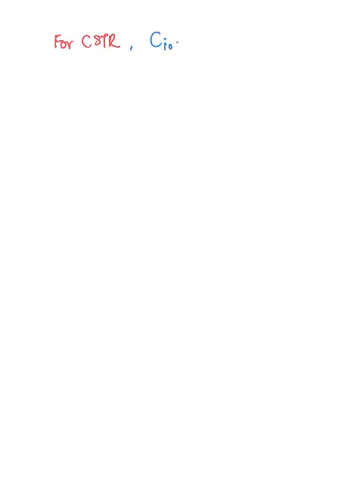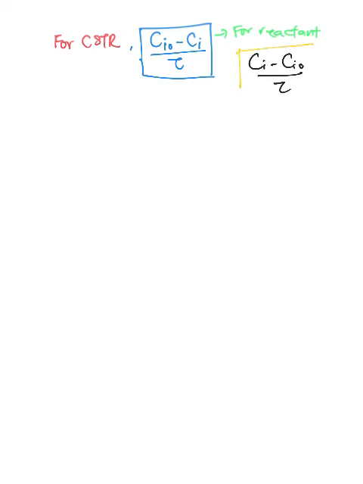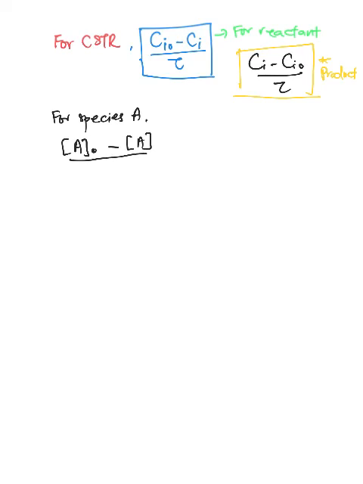In general, for a reactant it is C_i0 minus C_i, divided by tau. For a product, the general mass balance equation is C_i minus C_i0, divided by tau. I will give one example: the mass balance of the reaction in a CSTR for species A, the reactant, is (C_A0 minus C_A) divided by tau.